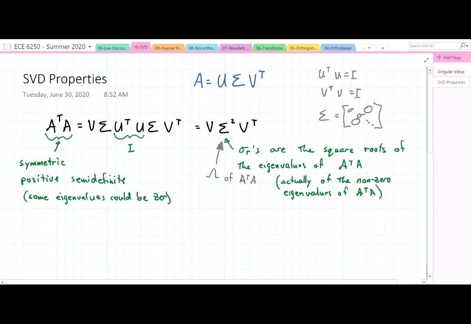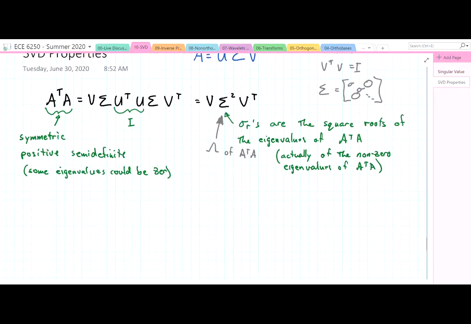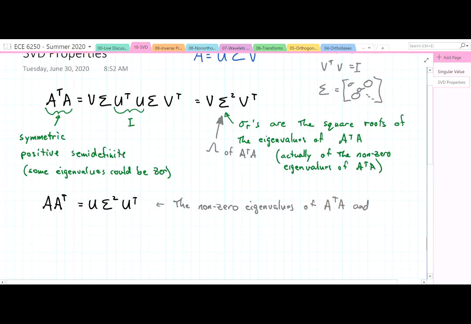Okay, well, we can do the same magic trick, and we can show that A A transpose is equal to U sigma squared U transpose. And just observe that non-zero eigenvalues of A transpose A and A A transpose are the same.